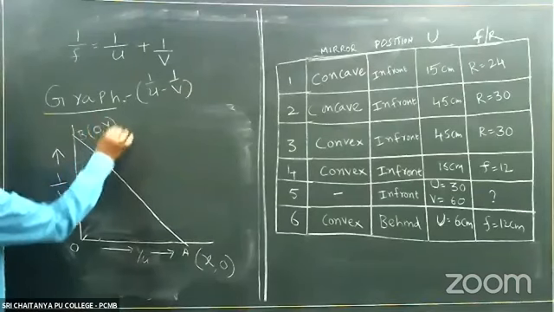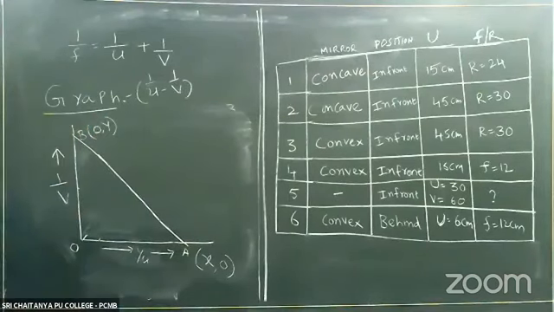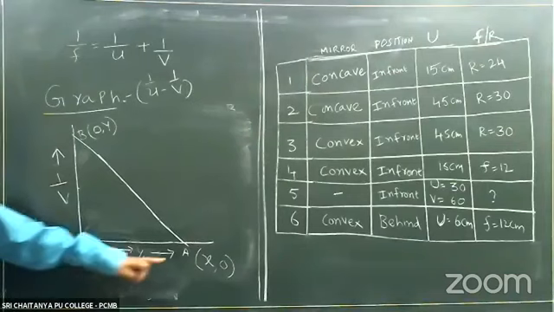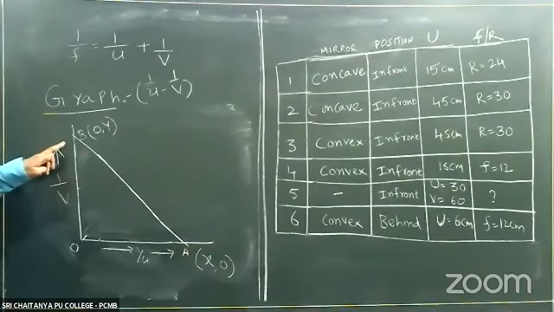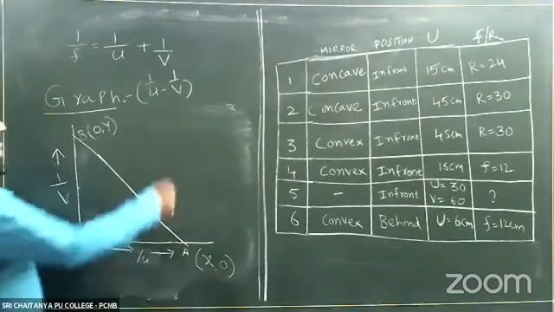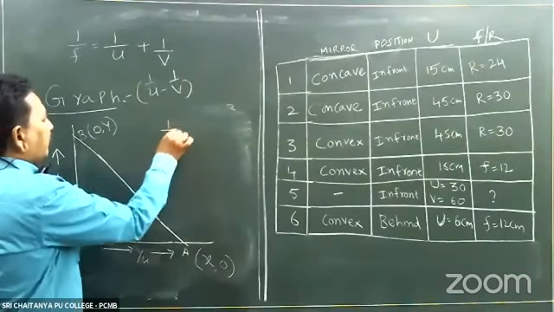If it is lying along the y-axis, then what is the x coordinate? X coordinate is 0. Coordinates of A are x comma 0. The coordinates of B are 0 comma y.